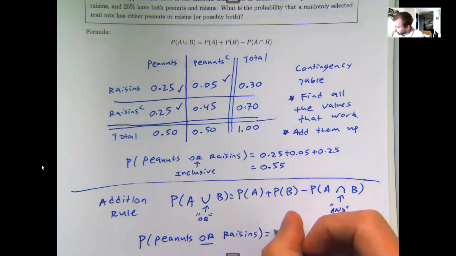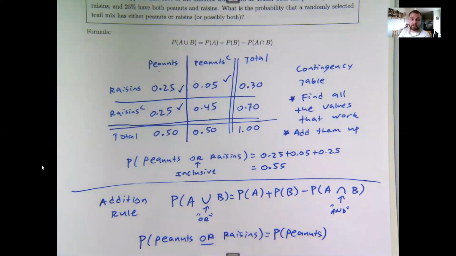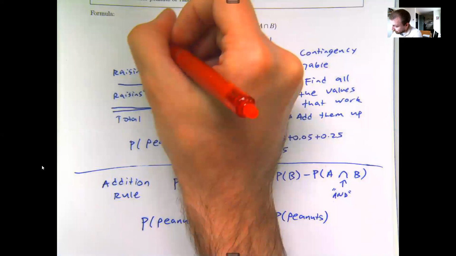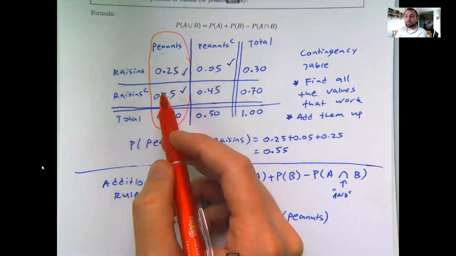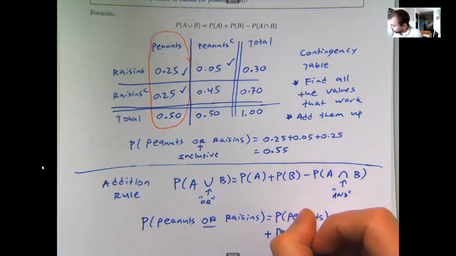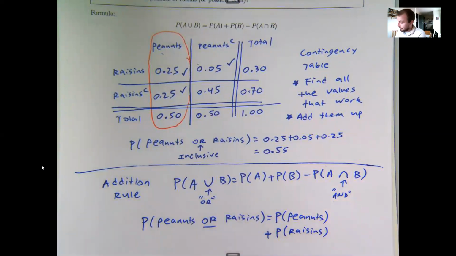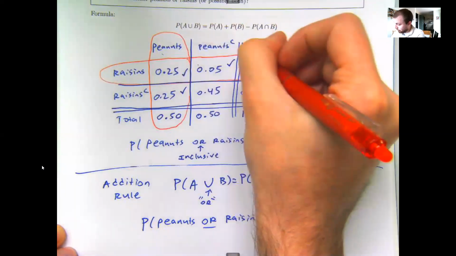So I can take the total of peanuts, and I'm going to circle these in the table just to show you how this rule is working here. So I could take the total of peanuts, that's everything in here that's giving me that 50%. It's those two numbers together. And I can add to this the total of raisins, anything with raisins.